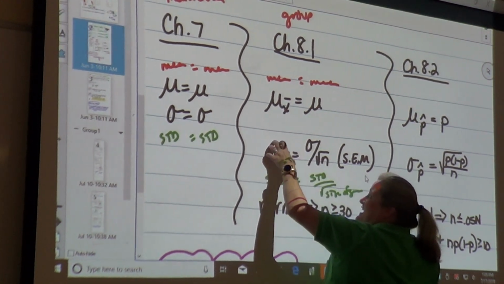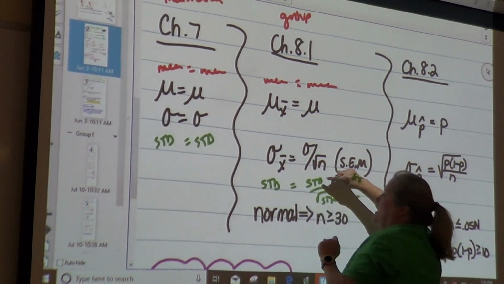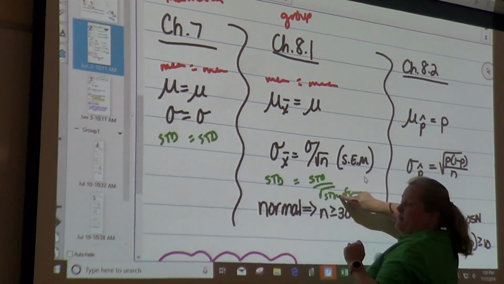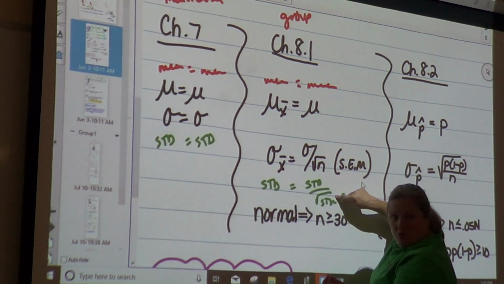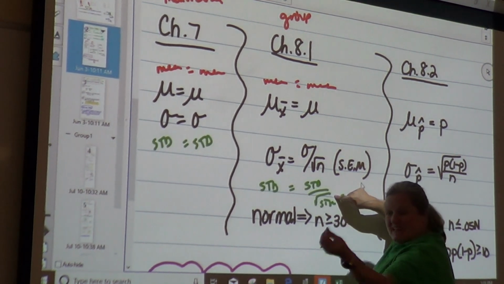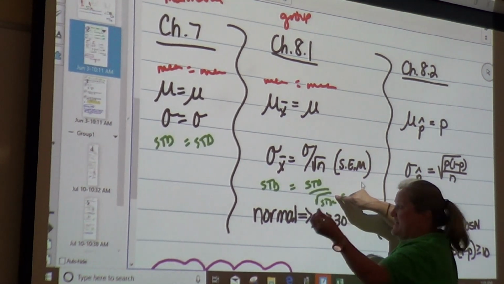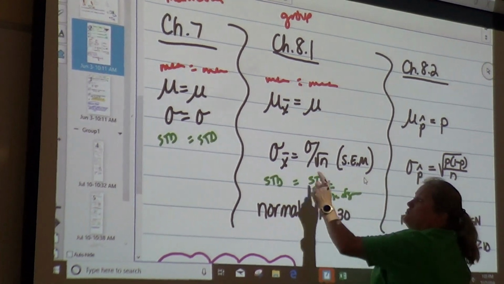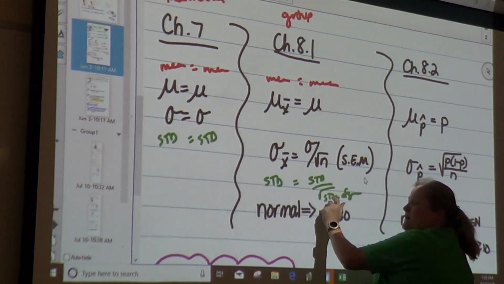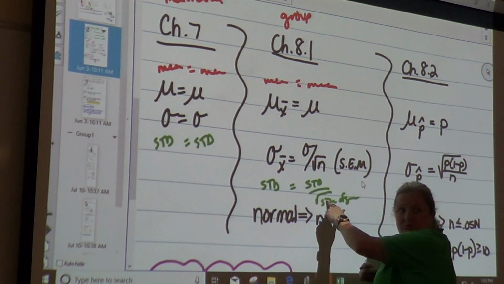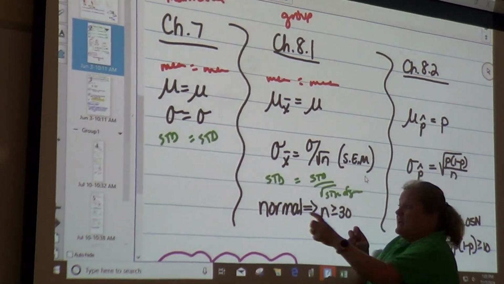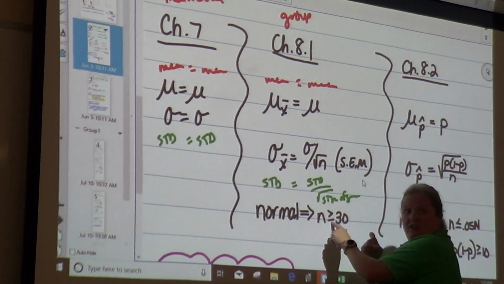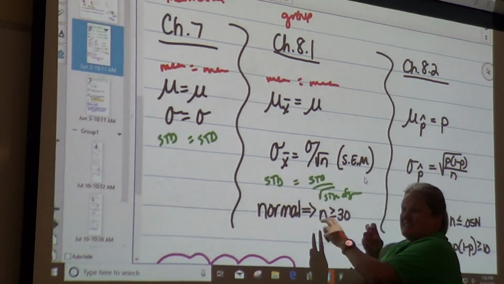The standard deviation is going to be the old standard deviation divided by the square root of the size of the group. And your test to see if it's normal is going to be if the sample size is greater than or equal to 30.